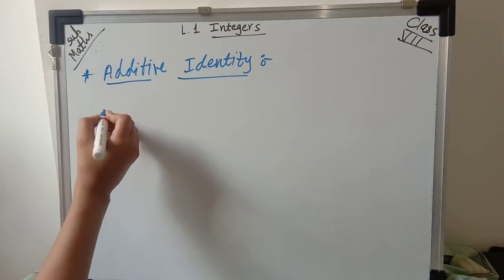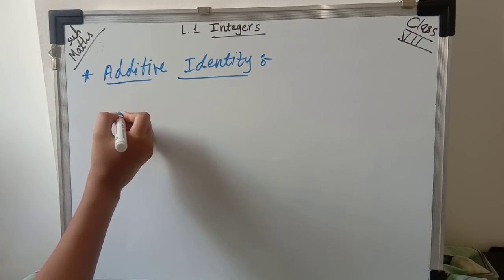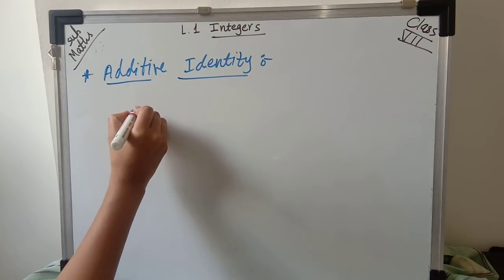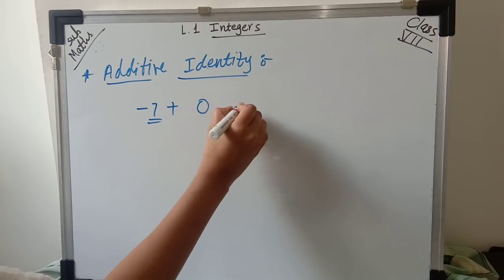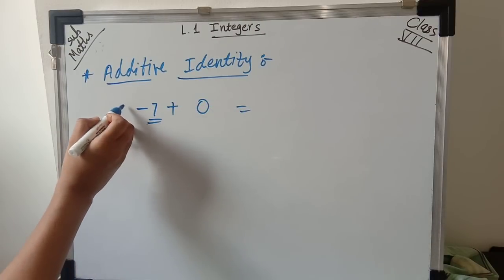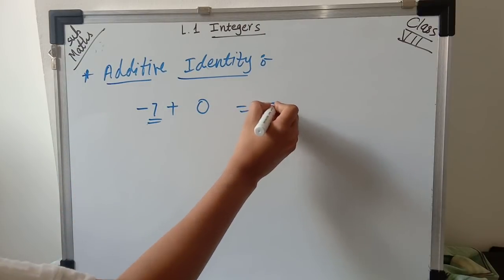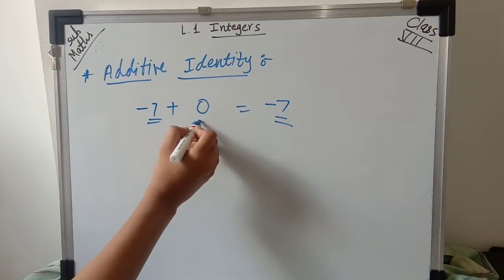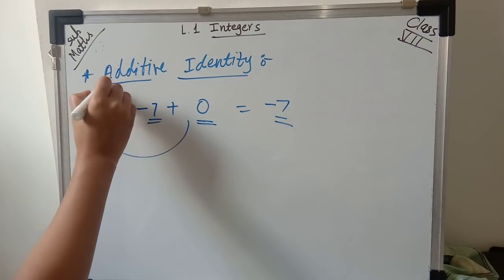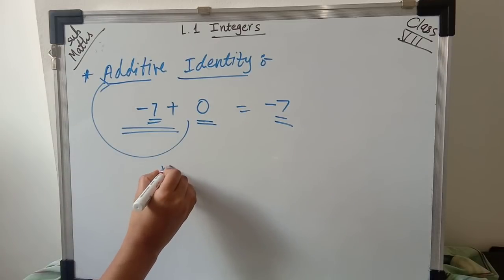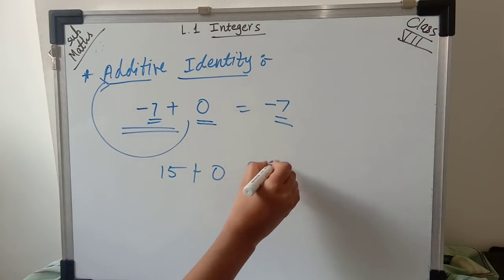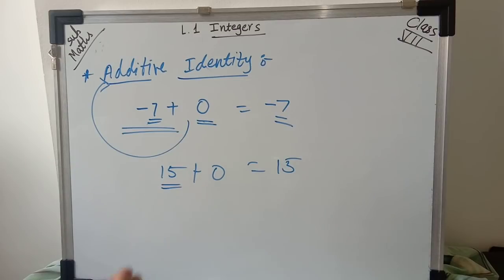For example, if I take minus 7 and add it to 0, I will get the same number, minus 7. That's why 0 is the additive identity for any integer. If I take 15 plus 0 is equal to 15, this is also an integer.